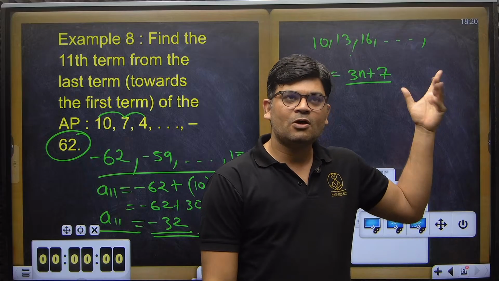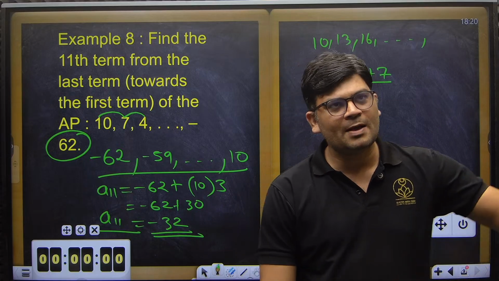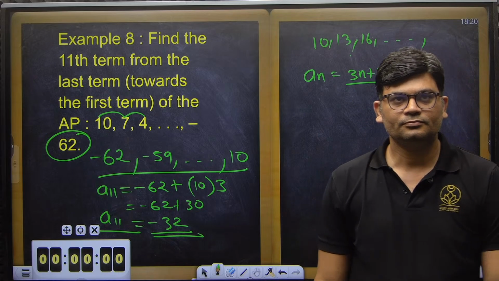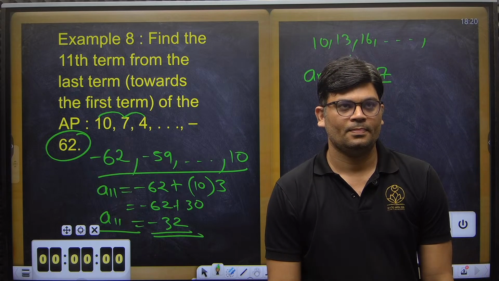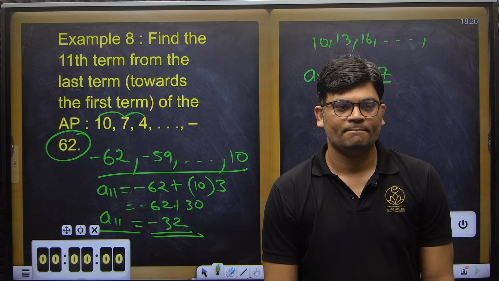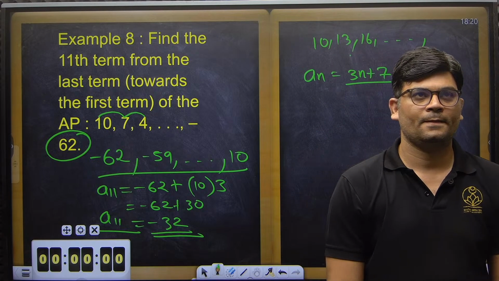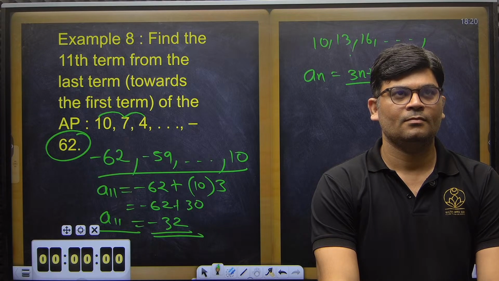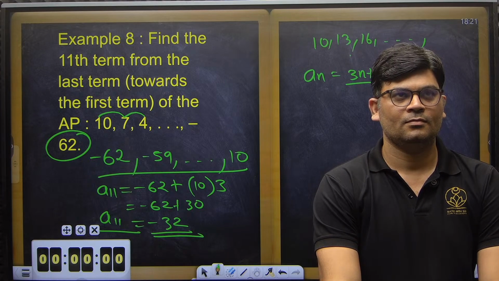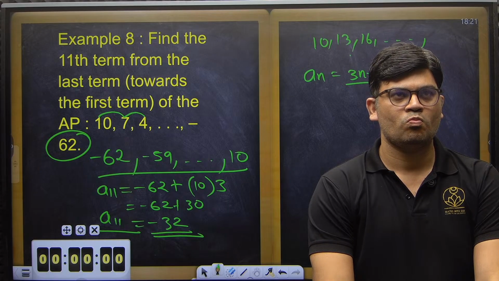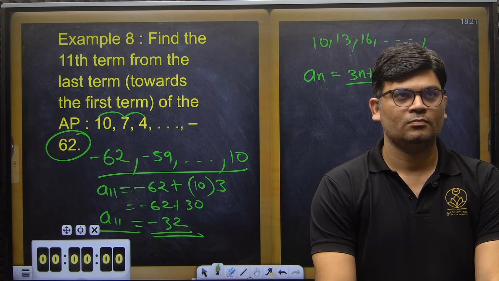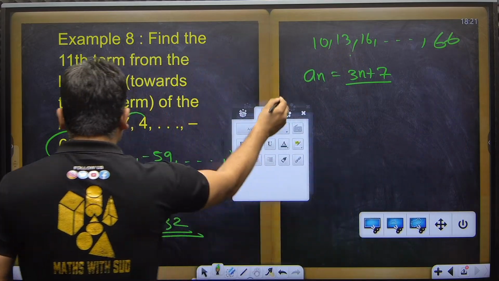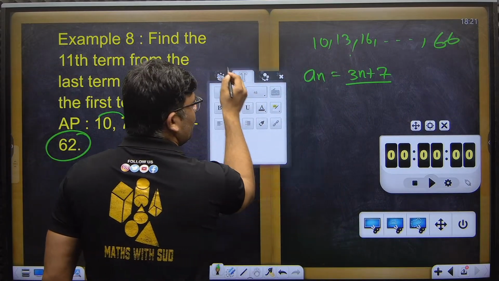ऑल राइट, अब इसका कोई भी टर्म निकाल लो, 100 टर्म निकाल लो, 14, जो भी आपको निकालना है. मुझे लास्ट टर्म बता दो. What will be the last term? बताओ हार्दिका. सर 66. सभी के लिए क्वेश्चन है. Everybody, the question is in front of you. I will give you not more than 1 minute.